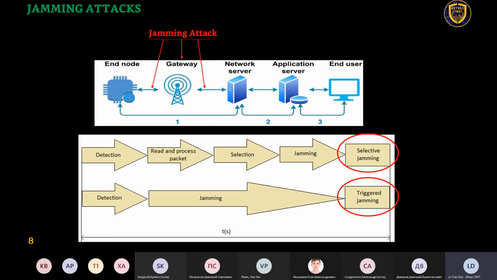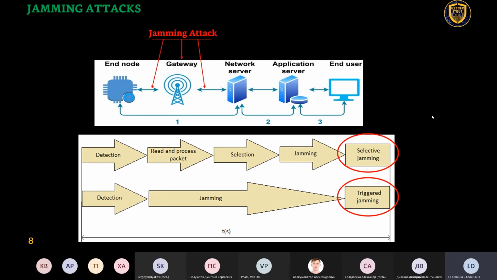And the second one is selective jamming. Selective jamming only interferes with devices or messages that have been selected before. So it's highly effective, but it takes a long time because the attacker needs to capture the packet, analyze it, extract the information, and make a fake device, etc. That is about the jamming attack.